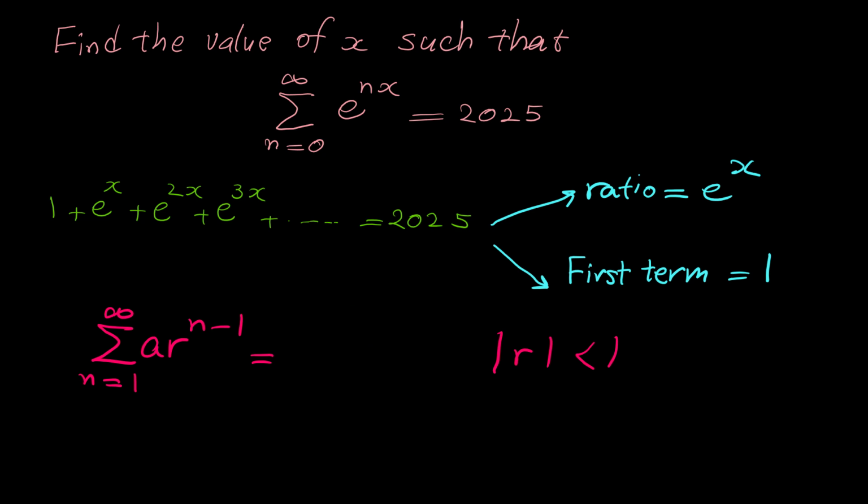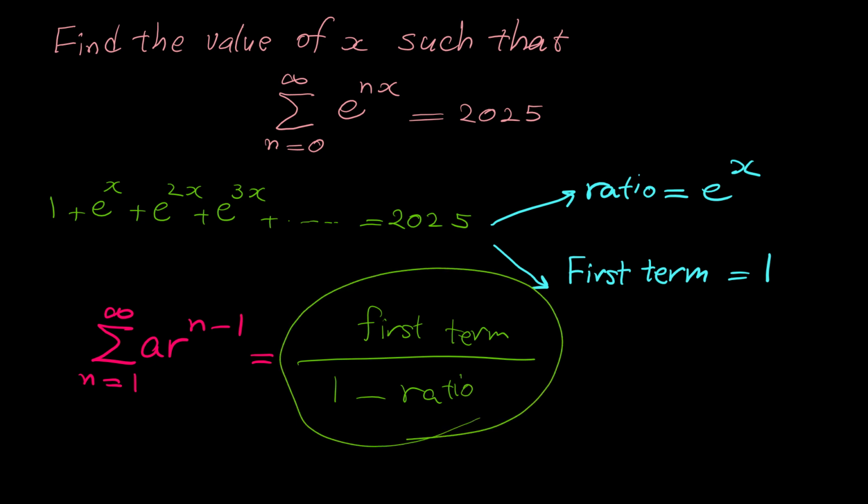But I highly recommend you not to memorize this formula for the sum of a geometric series. The better way to memorize the sum of a geometric series is this formula: first term over 1 minus ratio. This formula is much better than a over 1 minus ratio. Maybe you will think, okay, but this is the same formula.